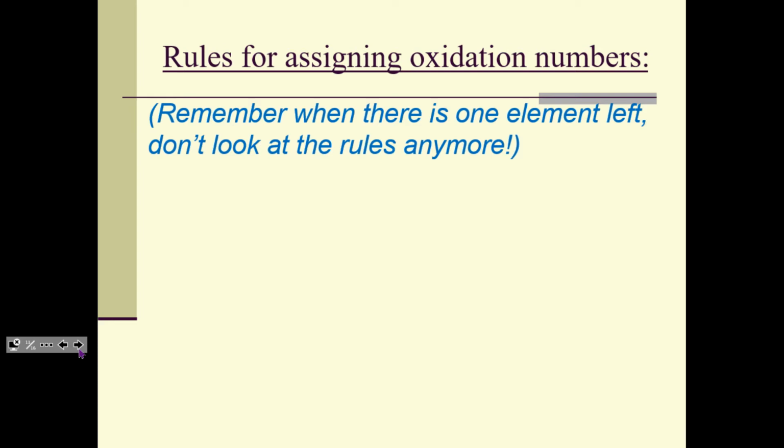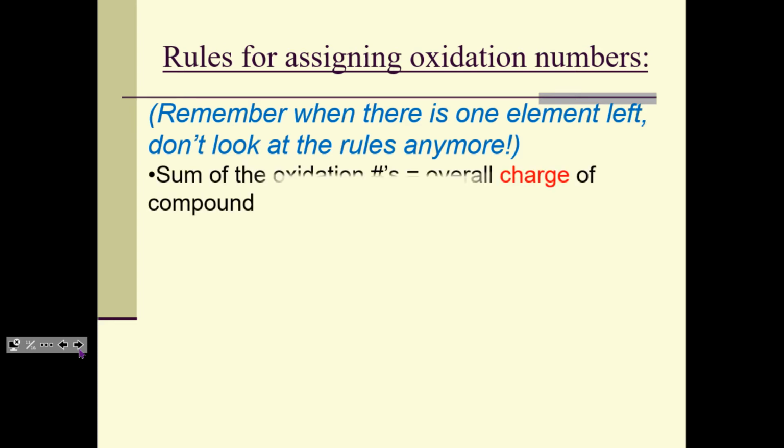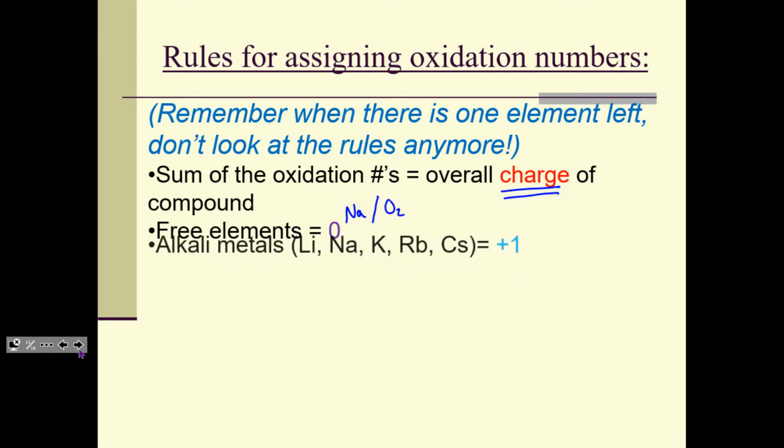Okay, so we have some rules for assigning these oxidation numbers. Remember, when there is one element left, don't look at the rules anymore. So the sum of the oxidation numbers is going to equal the overall charge of a compound. Free elements that are by themselves, like sodium, or we might see O2, any of the diatomics, are going to have oxidation numbers of 0.